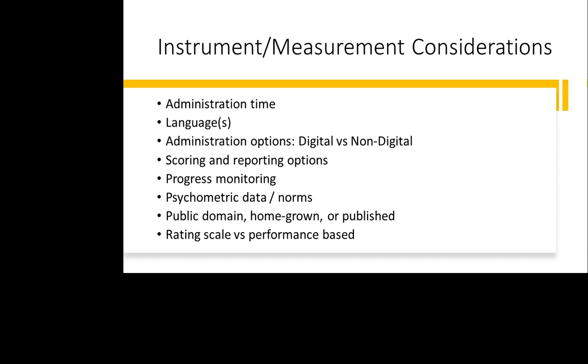And then think about whether something's public domain, homegrown, or published. One of the most important considerations here is whether something has normative data. Has it been validated on the population for which it's intended? There's a place for all of these in different situations. It's not saying one is better than the other, just that these are some of the considerations you need to take into account.